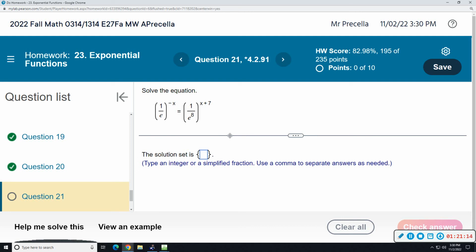1 over e to the negative x is equal to 1 over e to the 8, all raised to the x plus 7. Let me make sure I didn't miscopy this.